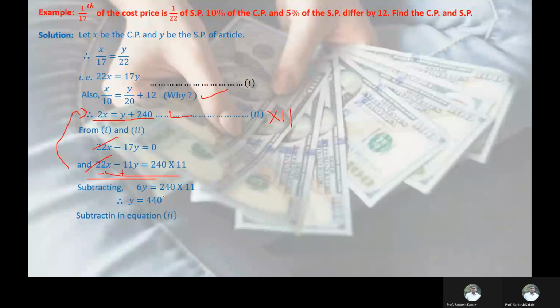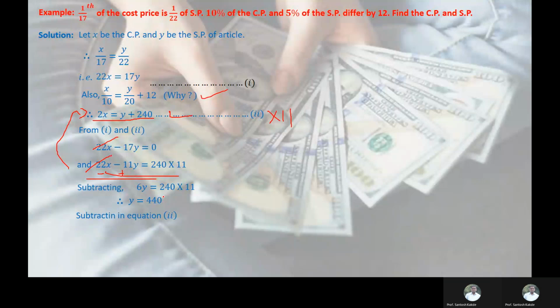Now all of you know that we have considered y as the selling price. Now we have to calculate the cost price, which is denoted by x. So substituting the value of y in any one equation, 1 or 2.